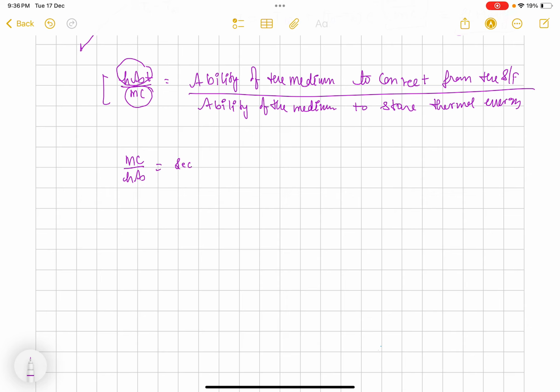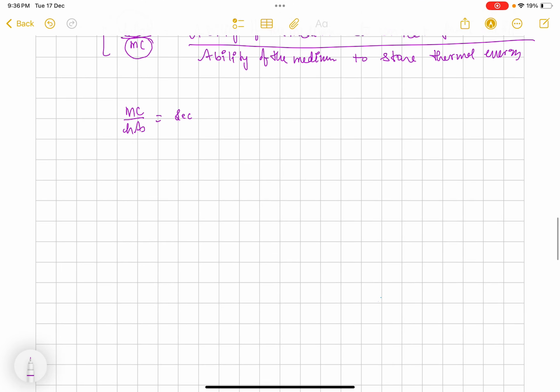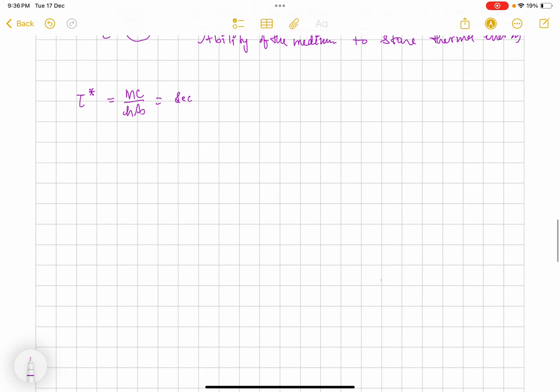You can cross-check it by putting the units of mass as kg, c as joule per kg Kelvin, heat transfer coefficient as watt per meter square Kelvin, and the surface area as meter square. So this thing, mc by hAs, is nothing but the thermal time constant.